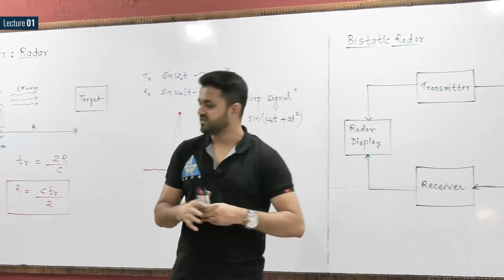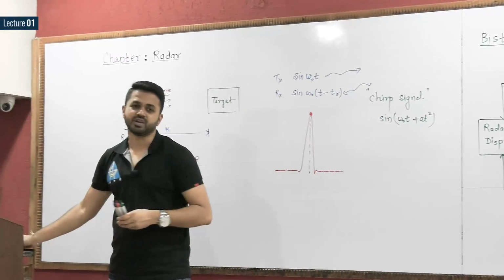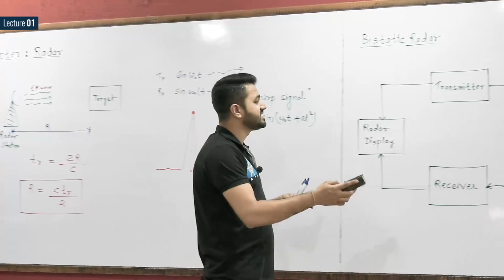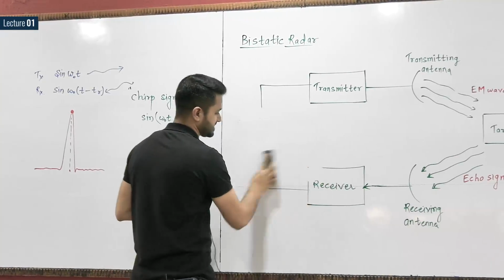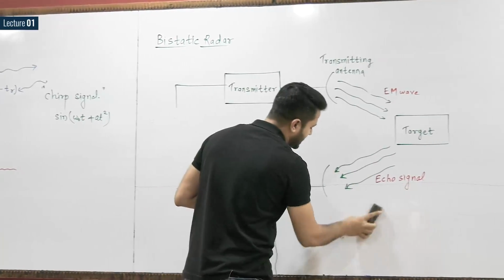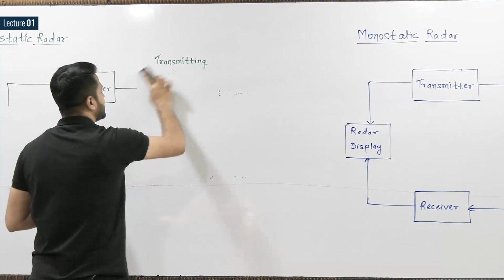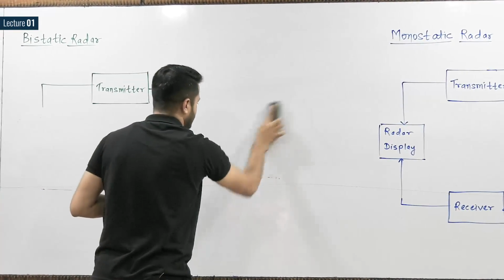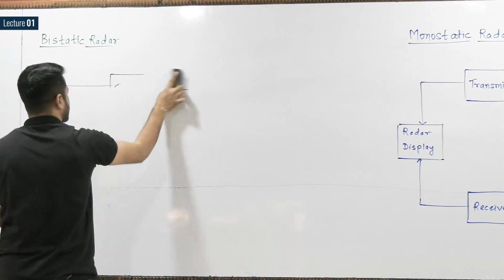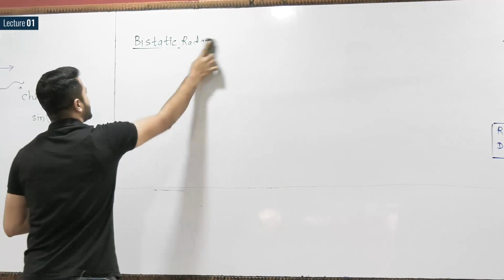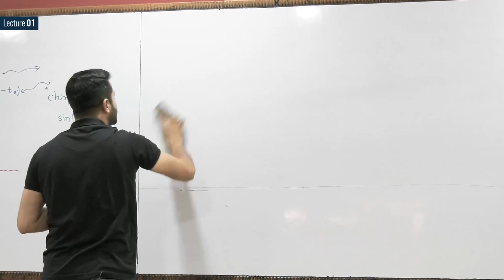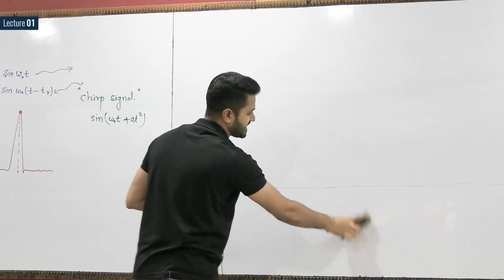Now we have to see what the different frequency components are, and what frequency ranges we can use in the radar system. They have different ranges, and these ranges are important for any defense exam like DRDO or ISRO, and also in the ESE the frequency range is asked.